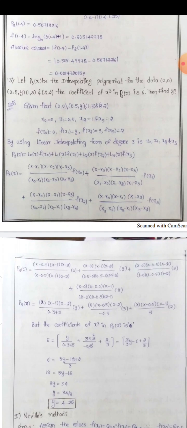Solution: given that, x0 is equal to 0, x1 is equal to 0.5, x2 is equal to 1 and x3 is equal to 2. f of x0 is equal to 0, f of x1 is equal to y, f of x2 is equal to 3, f of x3 is equal to 2.